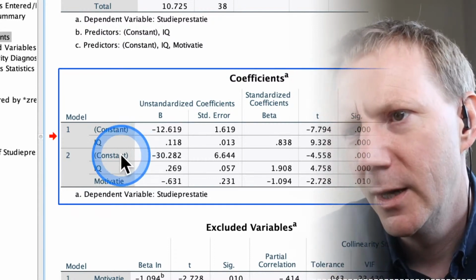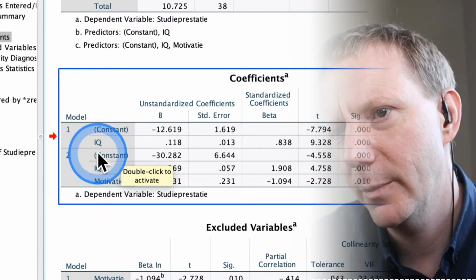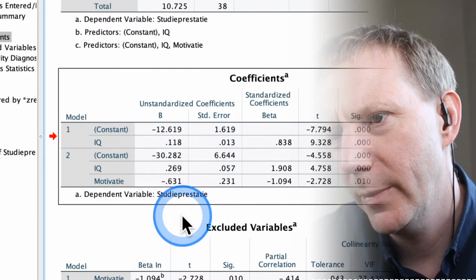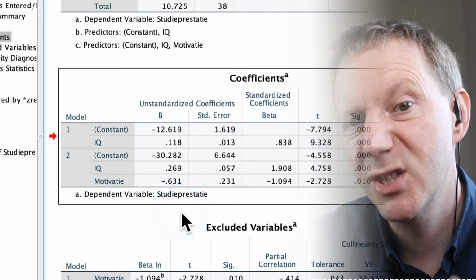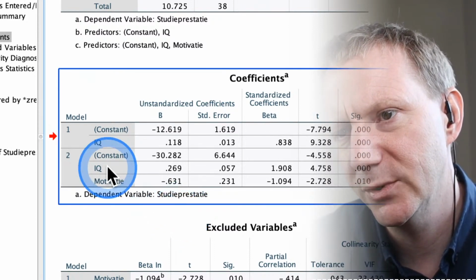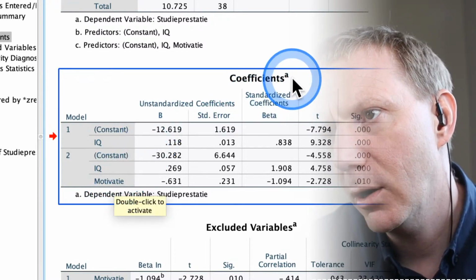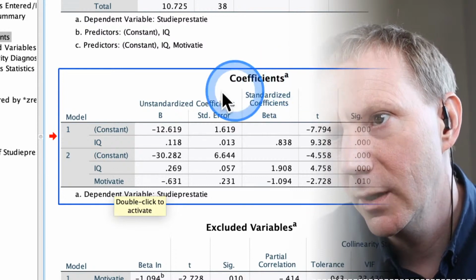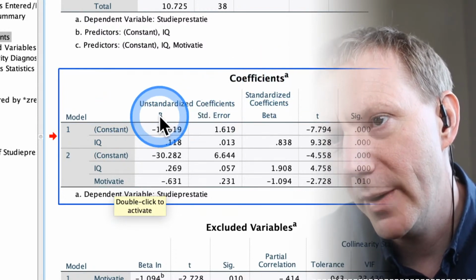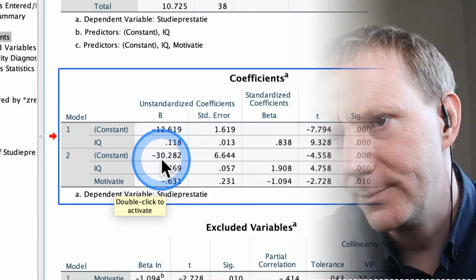You've seen the regression model in our slides, and we were talking about the intercept, the constant, and the slopes for the two predictor variables, IQ and motivation. Within the coefficients table, we get the unstandardized coefficients. These are the betas that I've shown in the slide.